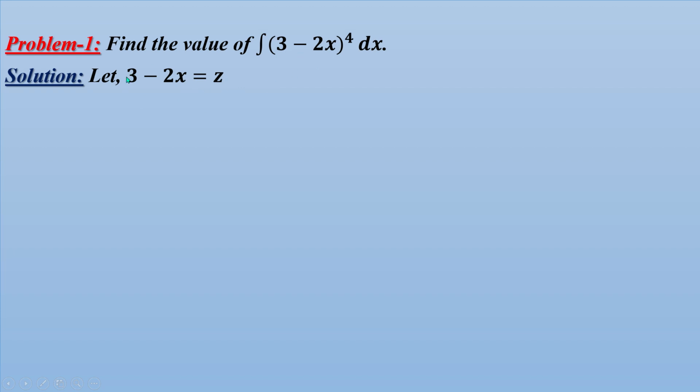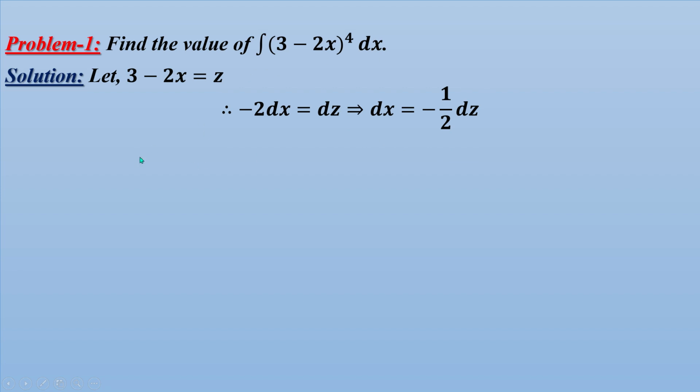Now the derivative of this with respect to x is 0 minus 2 dx by dz, and the right side will be 1. But for calculation we can write minus 2 into dx equal to dz. That means dx is equal to minus half dz.